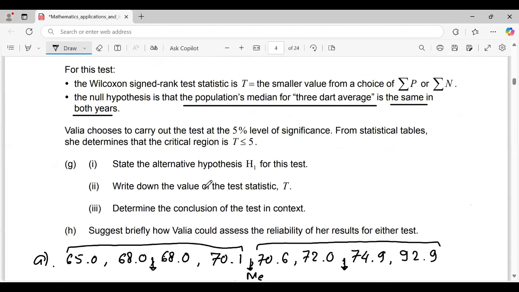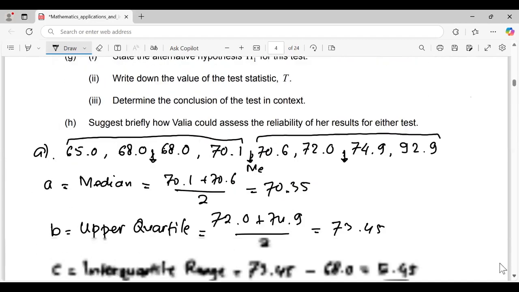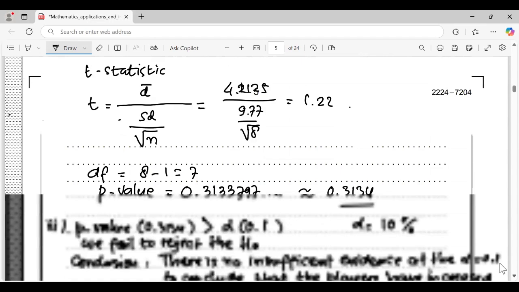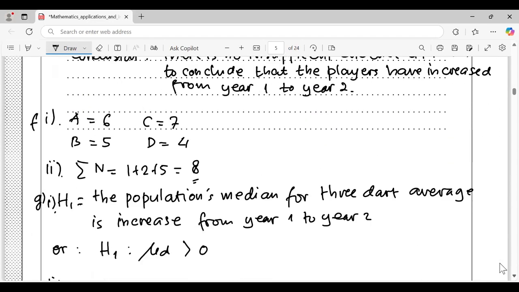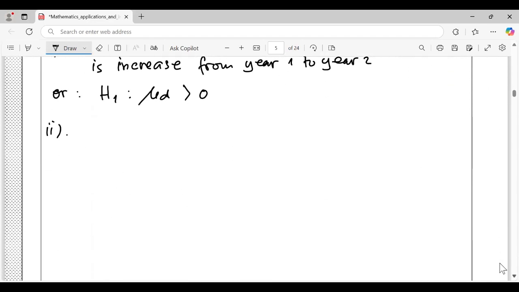Second, write down the value of the test statistic T. Determine the conclusion for the test in context. The value of T, we already calculated, is 8.